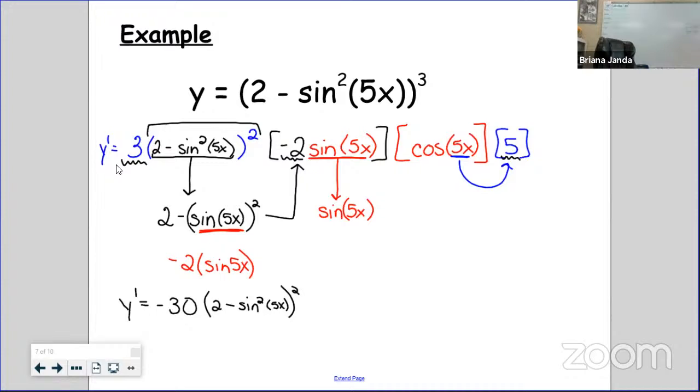We would really never do that. So I multiplied that and that, and so all I have left is a sine of 5x and a cosine of 5x. Order on any of this does not matter. Other questions?